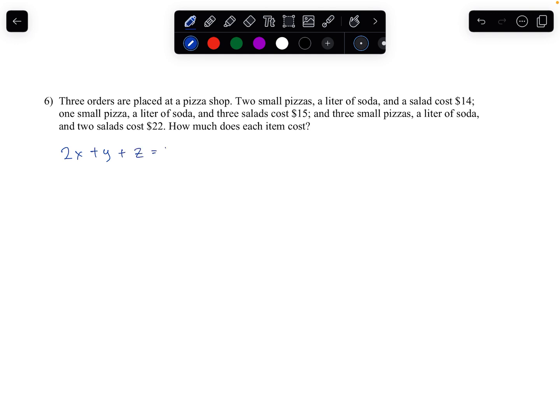All of that is going to come to a total of $14. The next order, 1 small pizza plus the cost of a soda plus the cost of 3 salads is equal to $15. 3 small pizzas plus a liter of soda plus 2 salads, that's all going to come to a cost of $22.